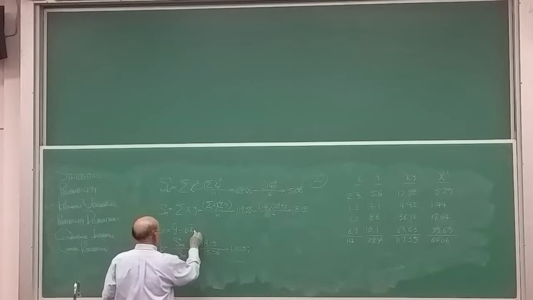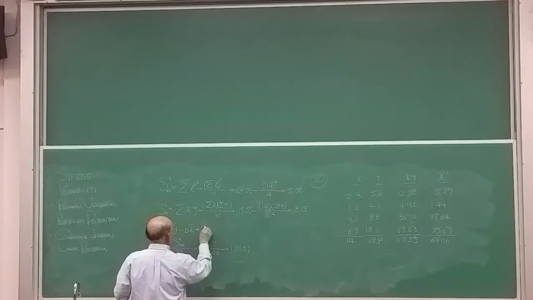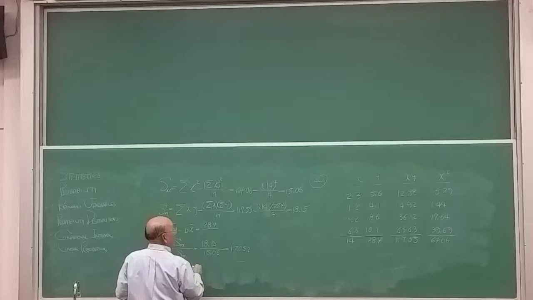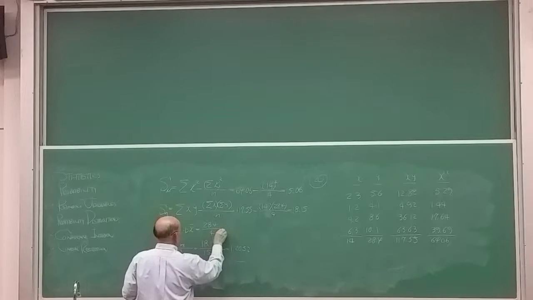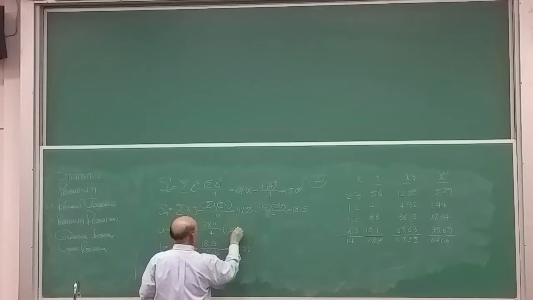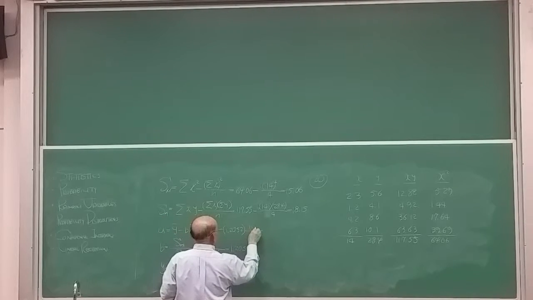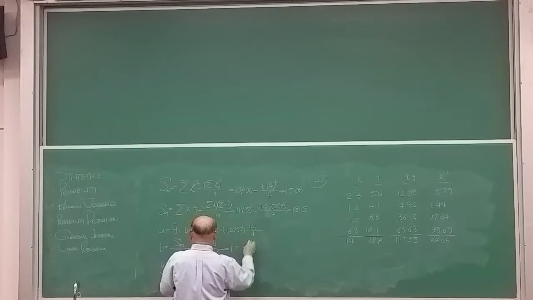A is then Y average, 28.4 divided by 4, minus B, which is given as 1.2052, times X average, which is 14 divided by 4.